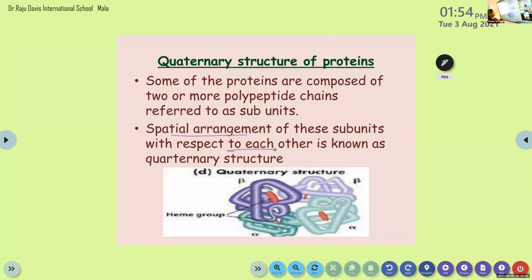You know that polypeptide chains are joined together to form proteins, right? Polypeptide chain means more than 10 amino acids joined together with peptide bonds. So here the spatial arrangement of the subunits with respect to each other is known as quaternary structure. Quaternary structure of protein.